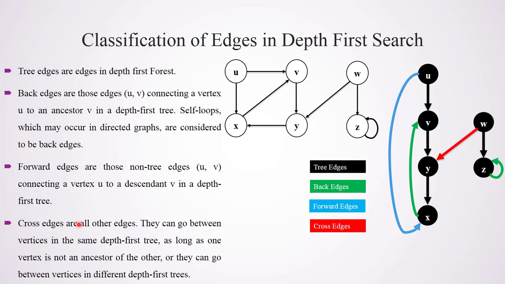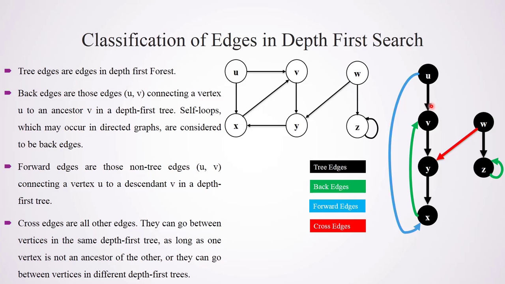Cross edges are all other edges. They can go between vertices in the same depth first tree as long as neither vertex is an ancestor of the other, or they can go between vertices in different depth first trees. So here this red line is a cross edge because it goes between vertices in different depth first trees.